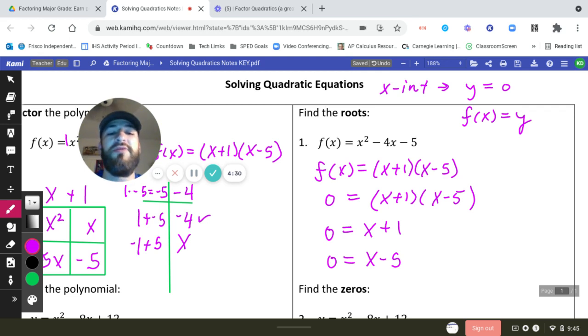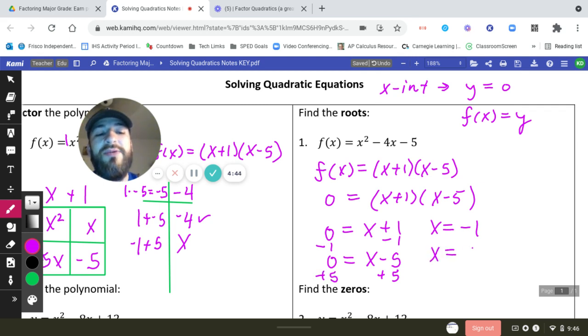So 0 is equal to x plus 1. What do I need to do? Minus 1, minus 1, and we get x is equal to negative 1. 0 is equal to x minus 5, plus 5, plus 5, and we get x is equal to 5. So our roots are x is equal to negative 1 and 5.